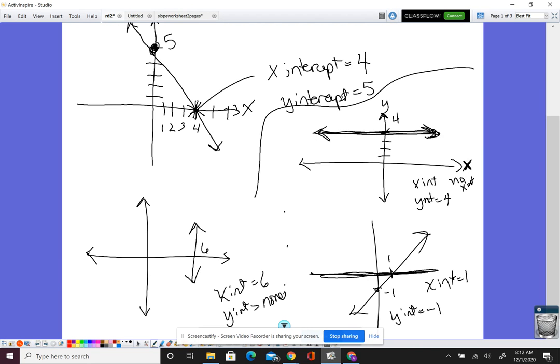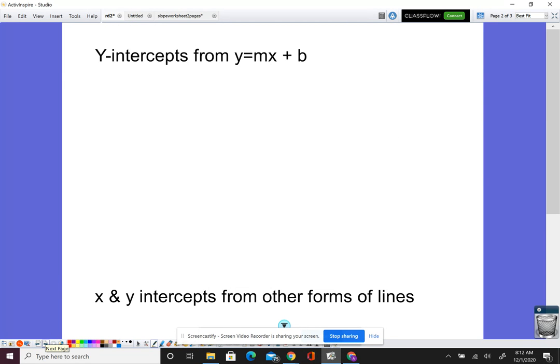Your second set of problems are going to be the y-intercepts from the equation y equals mx plus b.